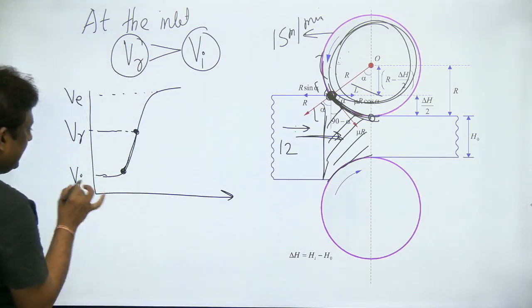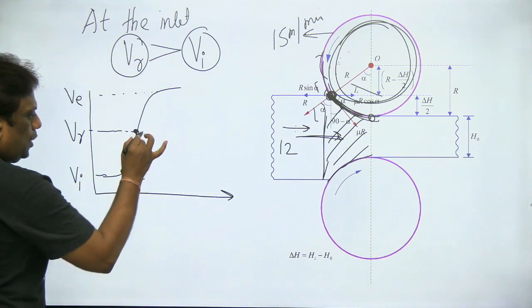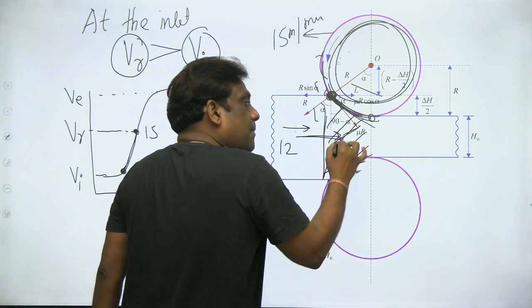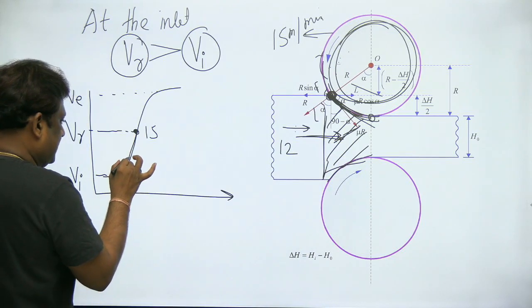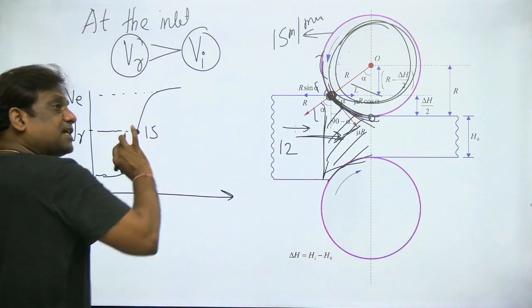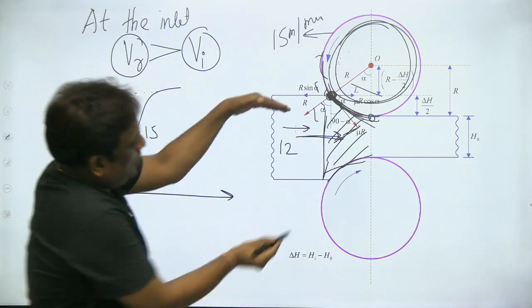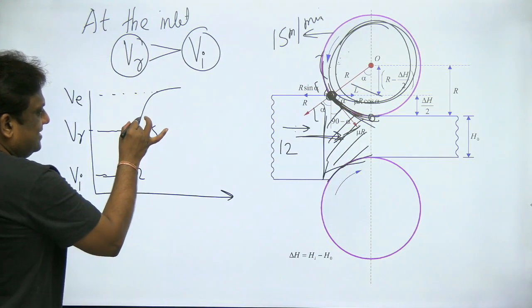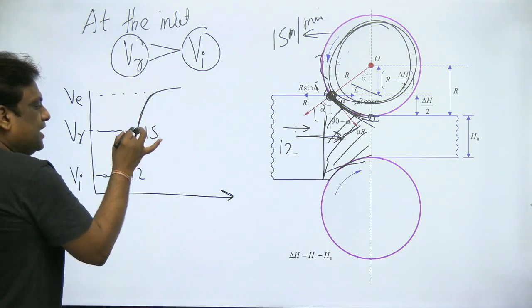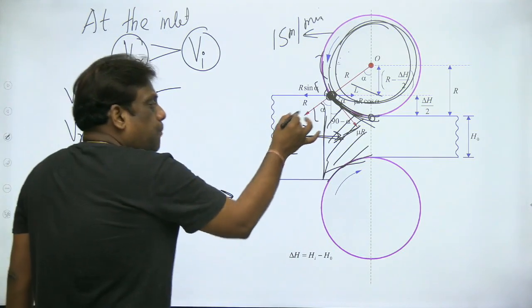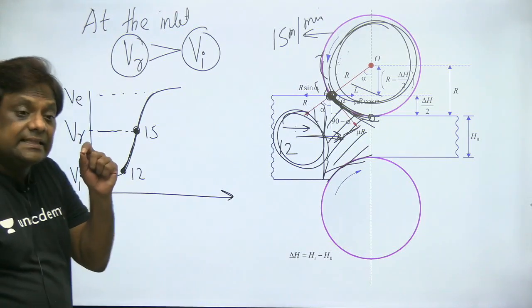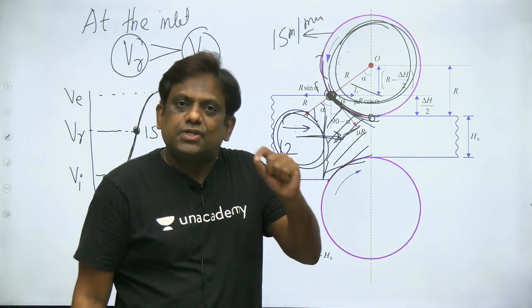So slowly, as it is moving in the converging zone, my component velocity is increasing to 15, because it is moving through the converging zone. So at the neutral point, my component velocity and roller velocity become equal. And that point we call the neutral point.